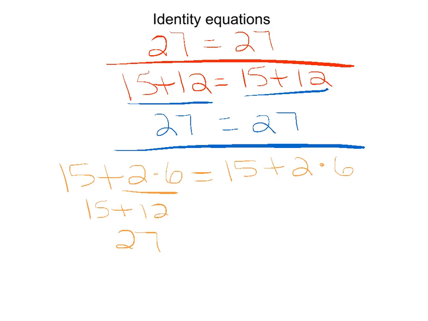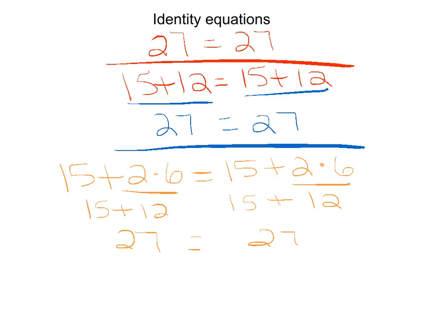And I'm going to solve the right-hand side. 2 times 6 is 12 plus 15 equals 27. Same answer, different numbers and different operations in the orange equation, but you still get an identity equation.